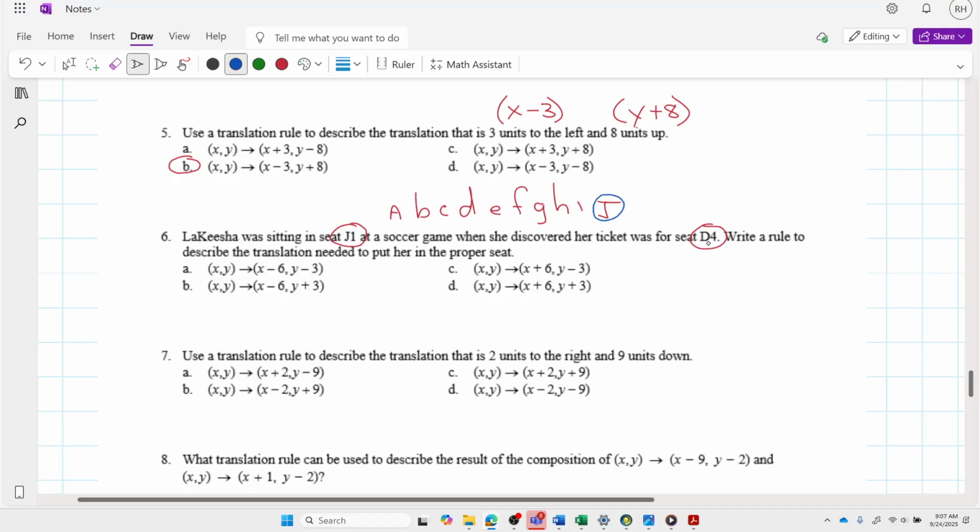And she was supposed to be in D. So if she had to go from J to D, didn't she have to go backwards? And how many seats did she have to go backwards? 1, 2, 3, 4, 5, 6, right? She had to go 6 backwards, or 6 left.